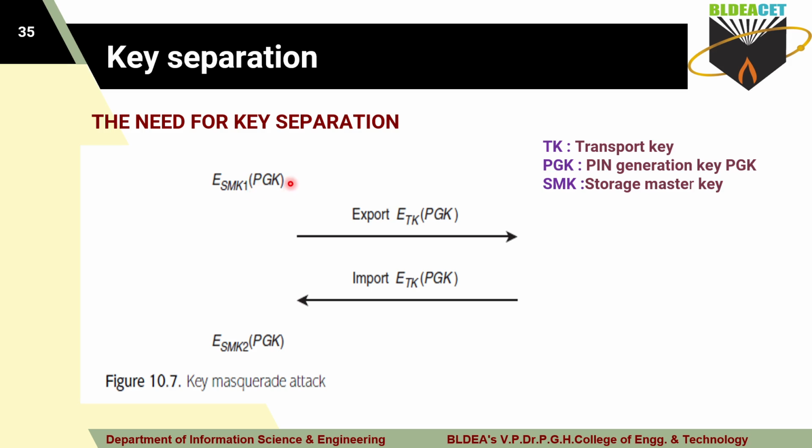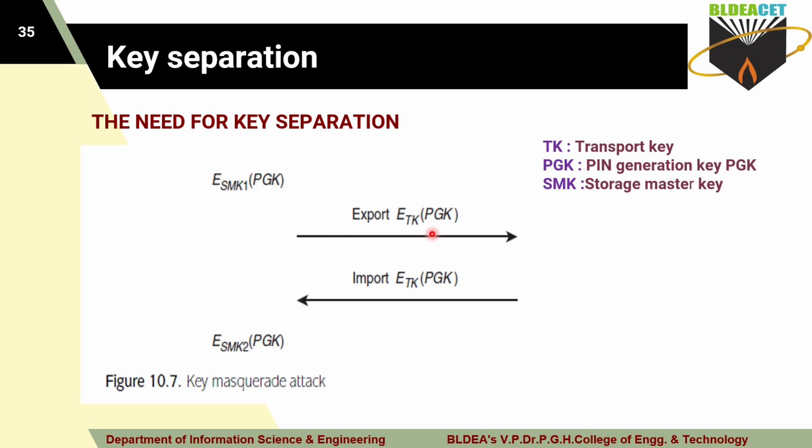It decrypts this PGK because it is now in encrypted form. For decrypting, once again you use this SMK1, the storage master key, and you decrypt this PGK. Later you export that PGK, but you do not export the key directly. The pin generation key is once again encrypted using the transport key.